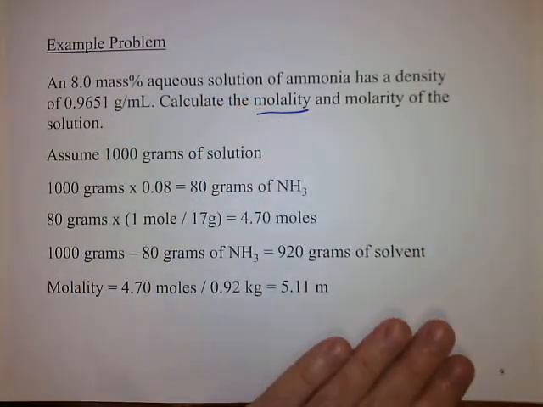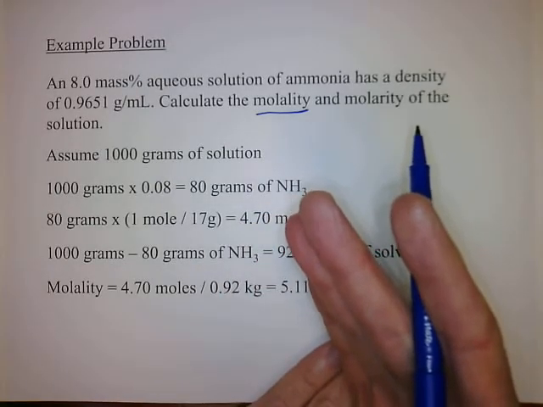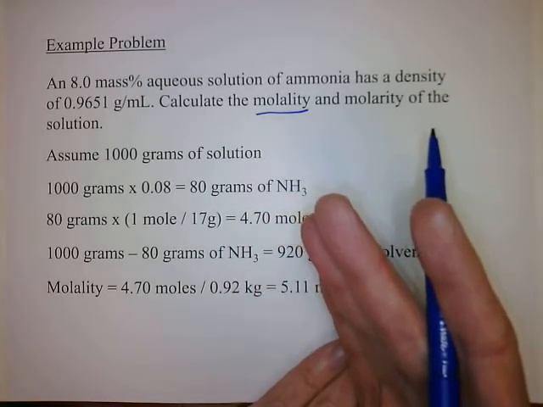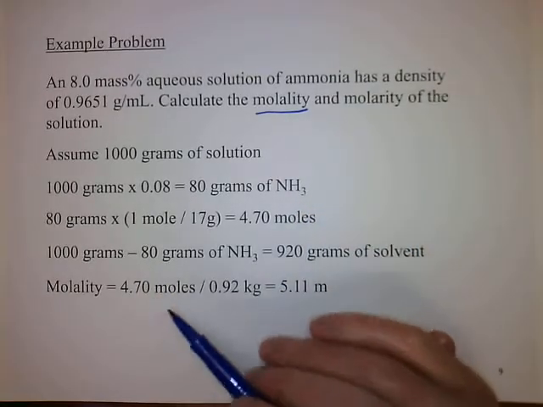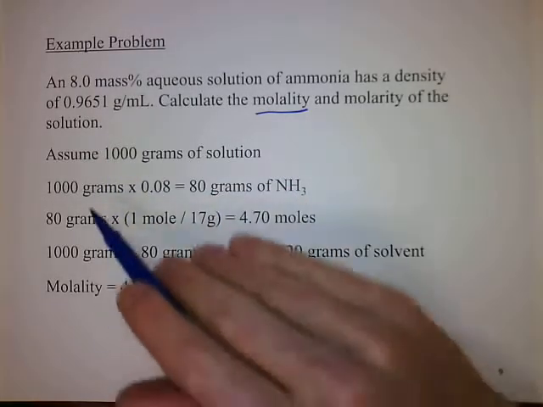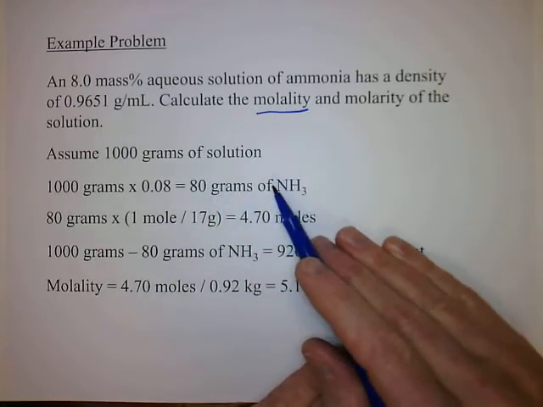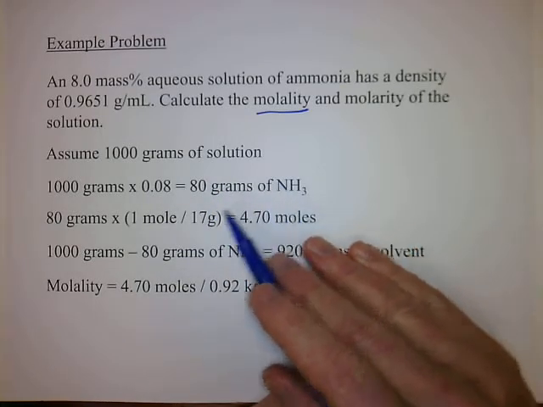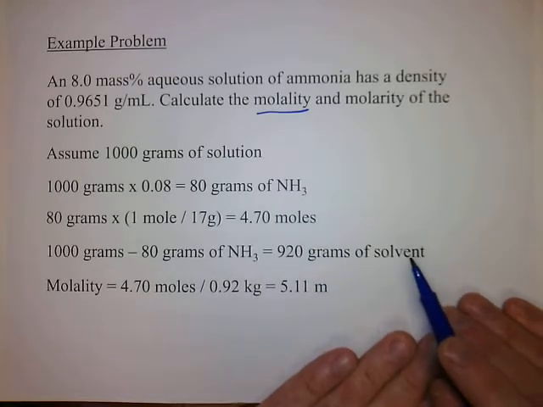Remember, molality is moles of solute per kilogram of solvent. So we know it's 8% ammonia. Well, if it's 8% ammonia, then it's 92% water, assuming water is the solvent. Or we could simply take the 80 and subtract it from 1,000. We assumed 1,000 grams total, and 80 grams of that was the ammonia. So we subtract that and find we have 920 grams of solvent.